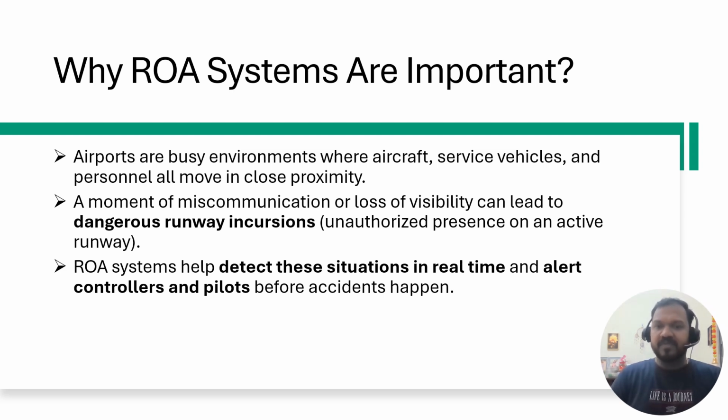Miscommunication or loss of visibility can lead to a serious accident on the runway. So the system can detect and identify these situations in real time and alert both the air traffic controllers and the pilots, so that we can prevent such occurrences safely.